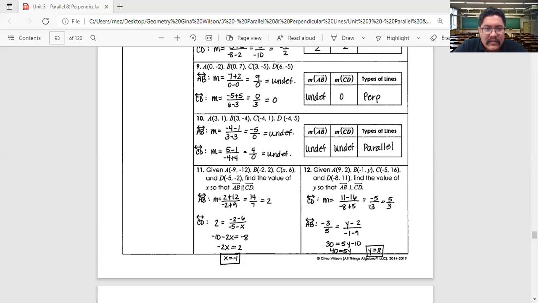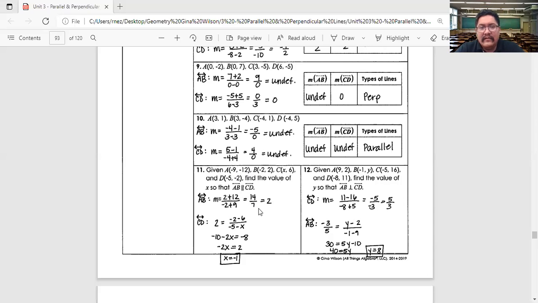And last one here. Given that A is -9, -2, find the value of X so that these 2 lines will be parallel.